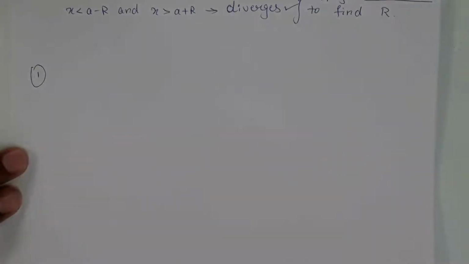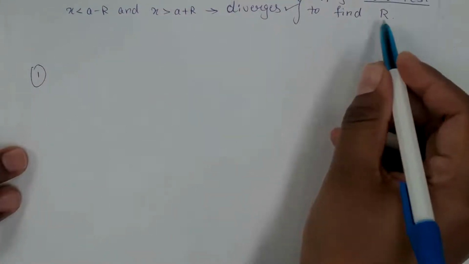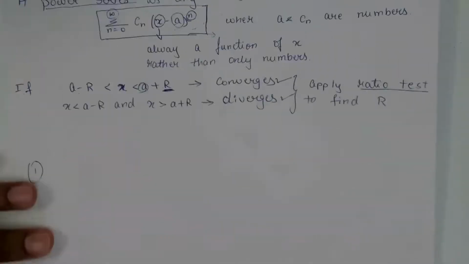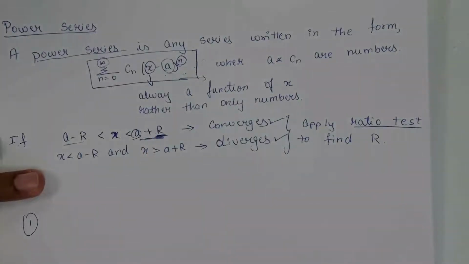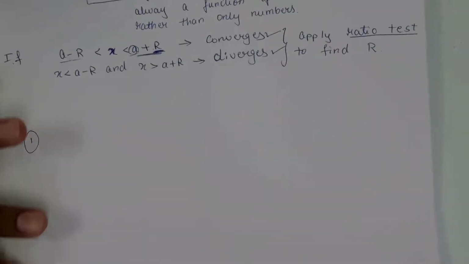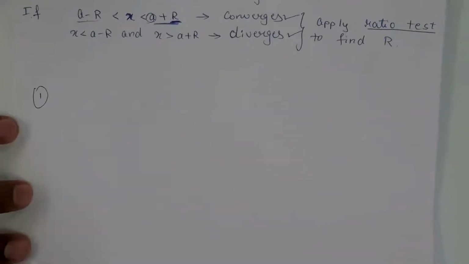In the first type, you need to apply either the ratio test or the root test. And then in the second type, if you look at your lab manual, you will have to apply the ratio test to the power series. And the question is, what is the value for the radius r? And you also need to find out the interval of convergence, these two. That's in your second type. So we will cover all those examples in today's lab.